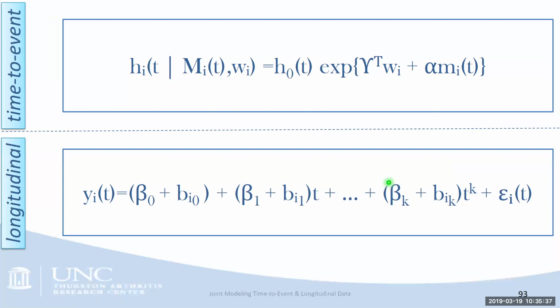And this is the same diagram represented with more general formulas for longitudinal and survival submodels. And you can see again that joint model consists of two submodels representing the changes of longitudinal and time-to-event data. And A0 here is a baseline hazard.